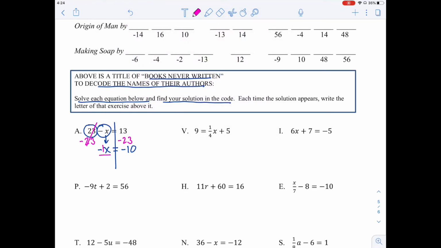So we divide by negative 1 to both sides. So we get x equals 10. Whenever you have a negative x, it's divided by negative 1 or multiplied by negative 1, same thing. But we want it to be a positive 10. So our x has to be positive.